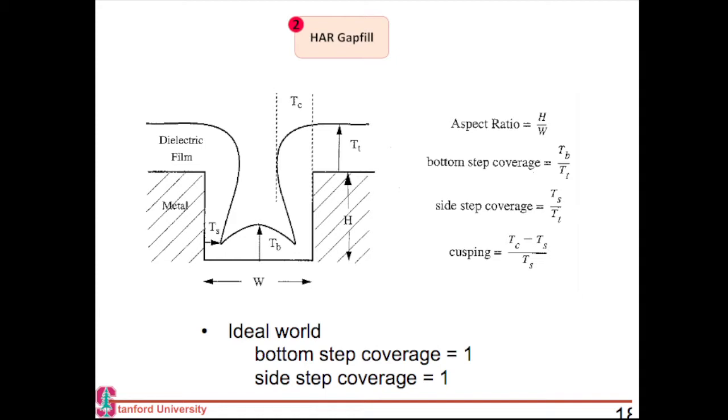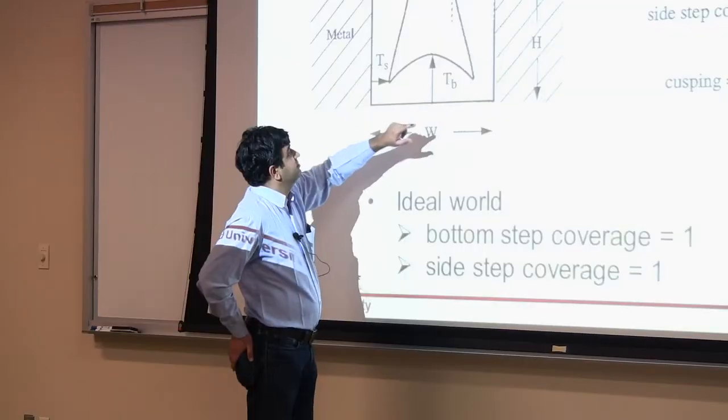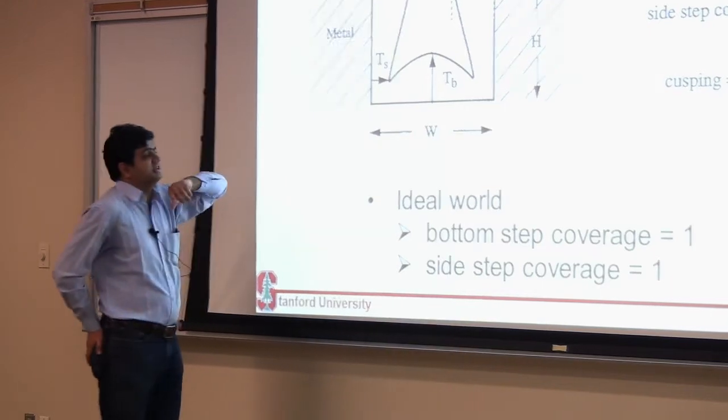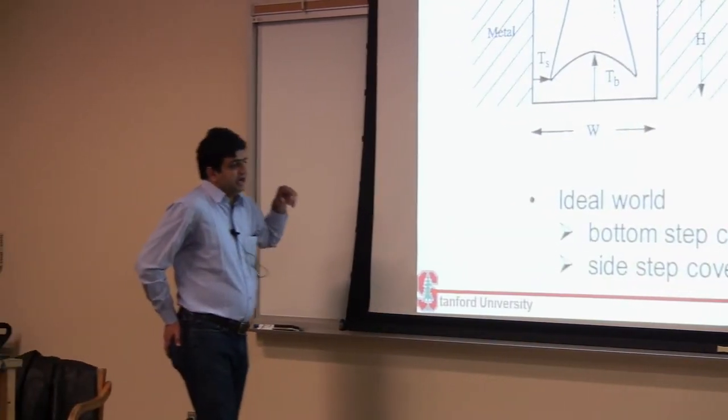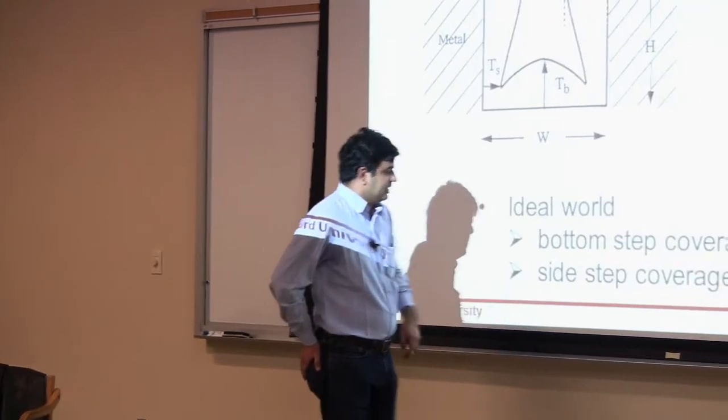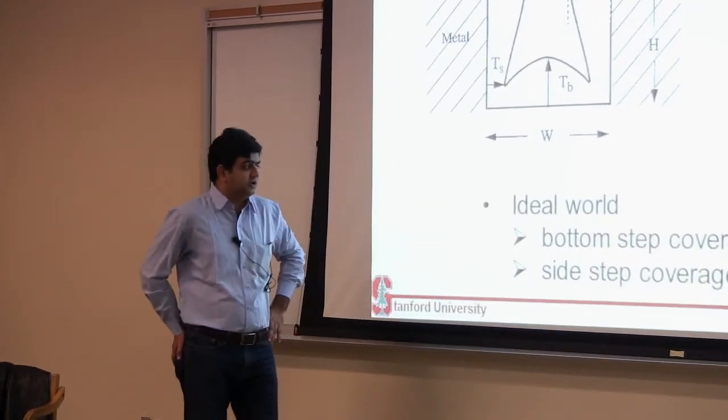The side step coverage equivalently means how thick I deposit on the side divided by how thick I deposit on the top. An ideal conformal process would deposit the same amount on the bottom as the top, and the same amount on the side as the top. So in an ideal world, you would want your bottom step coverage to be 1 and your side step coverage to be 1 as well.